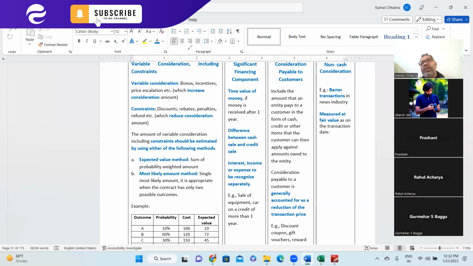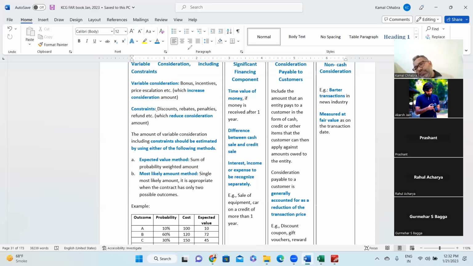For example, if this truck is listed at $100,000, and most of the time you give a 10% discount, then the actual or average sales price of this truck is, let's assume, $90,000 if people buy on cash. If people take it on credit, for, let's assume, 12 months, 18 months, or 24 months, then you sell at $100,000. That means the $10,000 is your finance income.